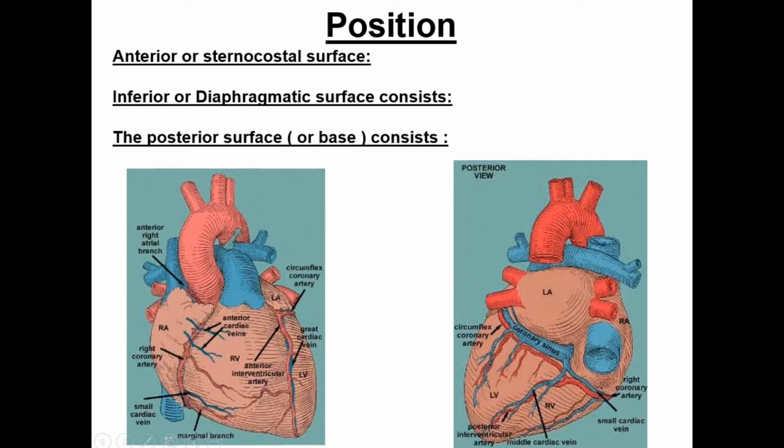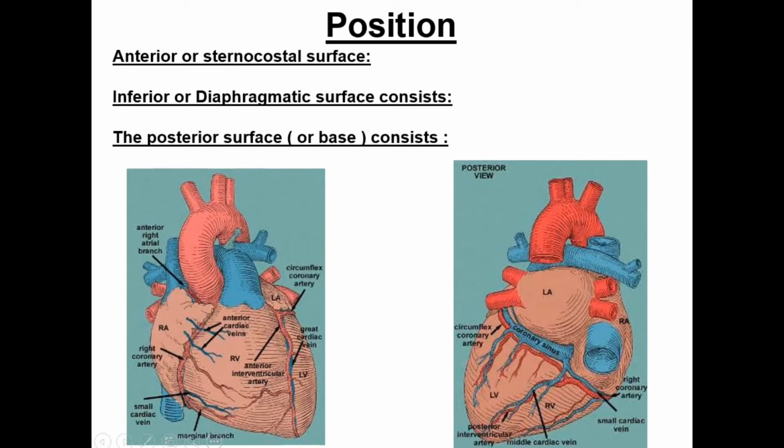The inferior or diaphragmatic surface consists of the right atrium receiving the inferior vena cava. This is the inferior border. You can see here, this is the inferior vena cava. Then the atrioventricular groove.